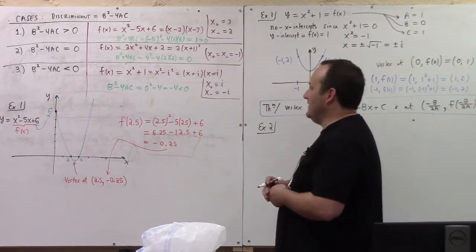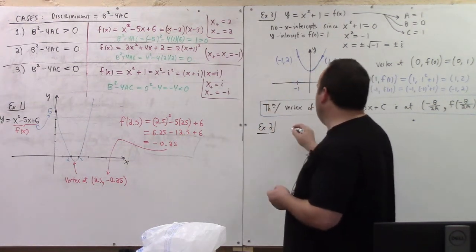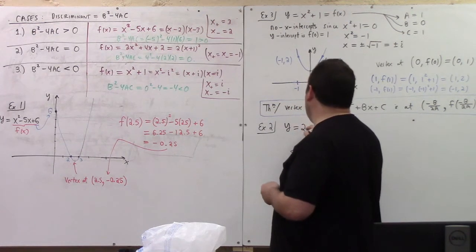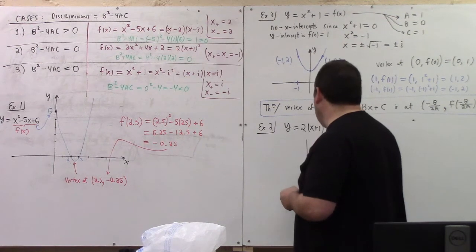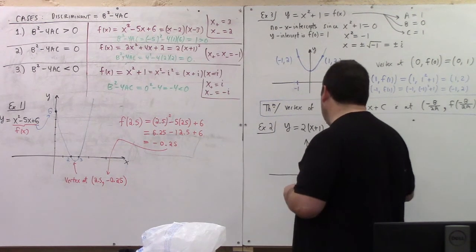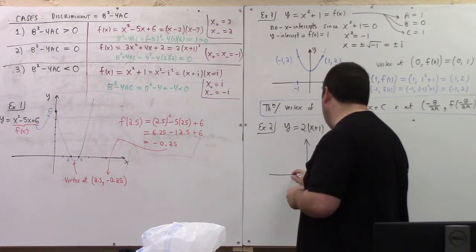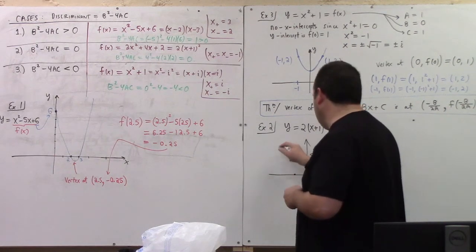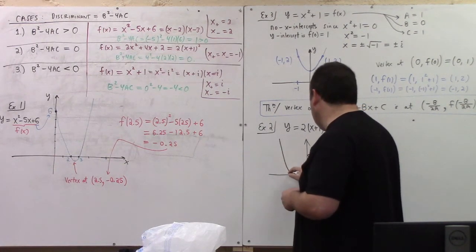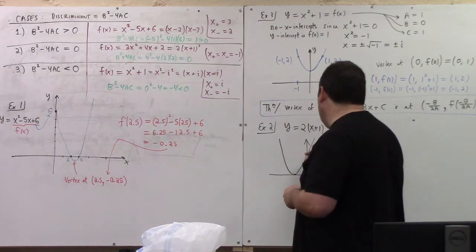Example 2, we've got y is equal to 2 times x plus 1 squared. This one's easier. We don't need to think so hard. It bounces off the x-axis at -1, and so that means that the vertex is right there. So this thing just looks like this. And what's the y-intercept in this one?